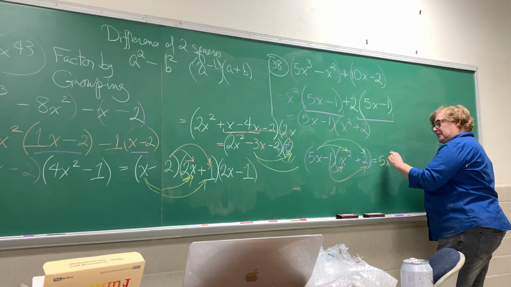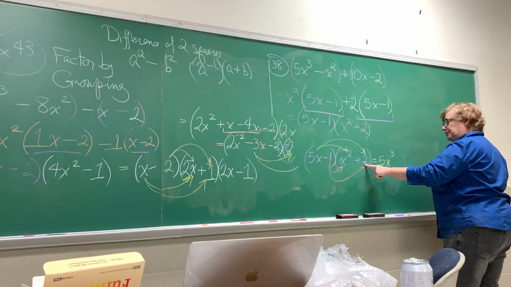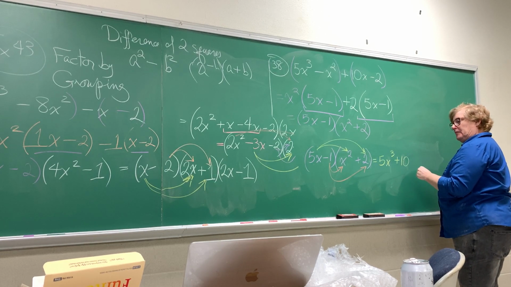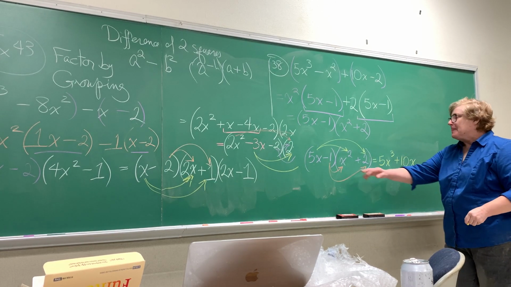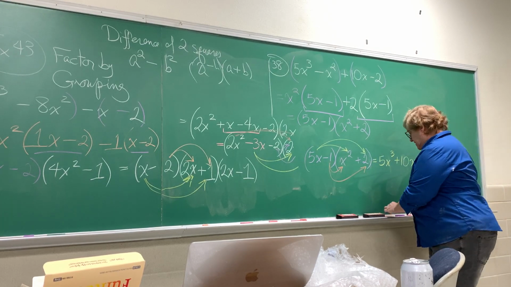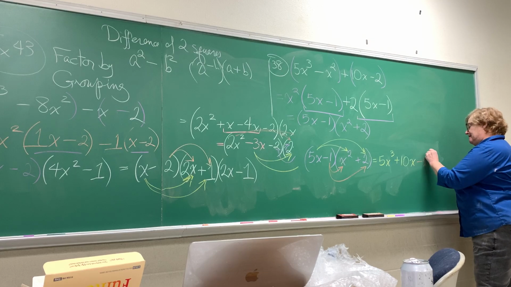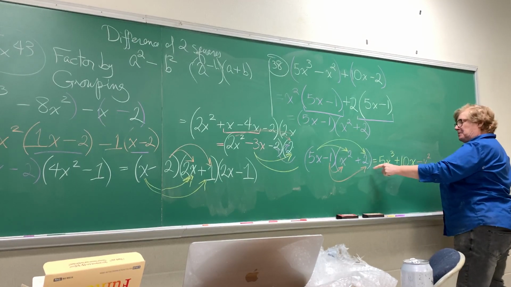Good. 5x times 2 is 10x. Oh, yes, sorry, my bad. Negative 1 times x squared is negative x squared, and negative 1 times positive 2.